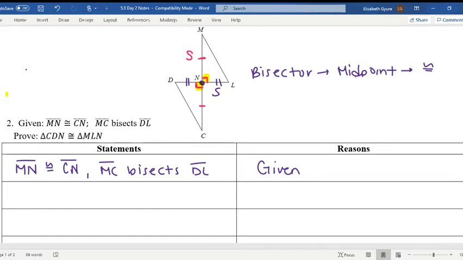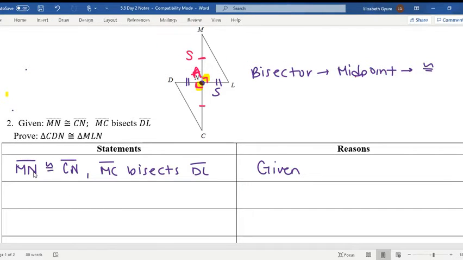So we're going to have a set of congruent angles. So now take a look. We will be able to show these 2 triangles are congruent using which theorem? What do we think, guys? Take a look at the labeling. Yep, side, angle, side.